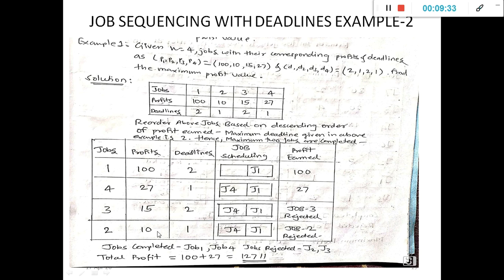Similarly, there is no free slot available for job 2, that's why job 2 is also rejected. From this discussion, it's clear that job J1 and job J4 are completed and job J2 and job J3 are rejected, and the total profit is the addition of all the values in the last column, that is 100 plus 27 equal to 127.